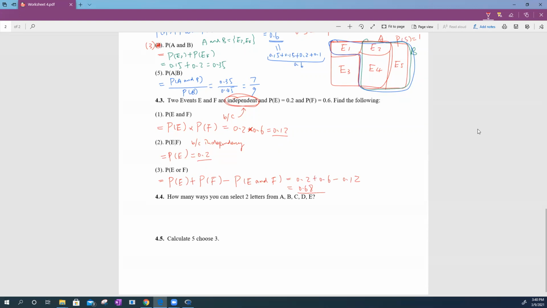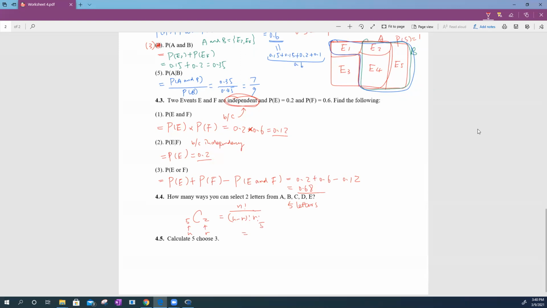And 4.4, how many ways you can select two letters from A, B, C, D, E? So from five letters. So choose 5, choose 2, right? Choose 2 from 5. 5, choose 2. And this is our N, this is our R. So that is N factorial over N minus R factorial times R factorial.